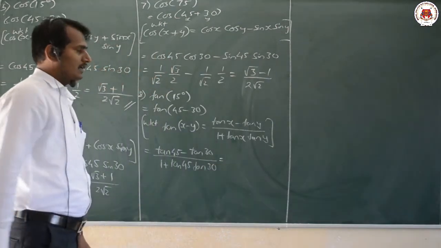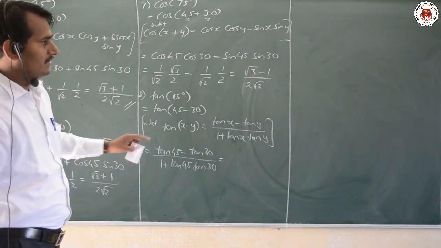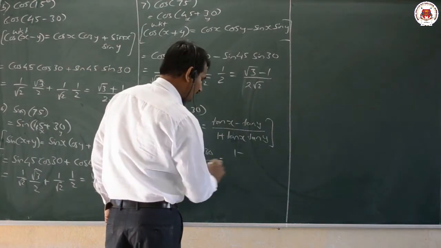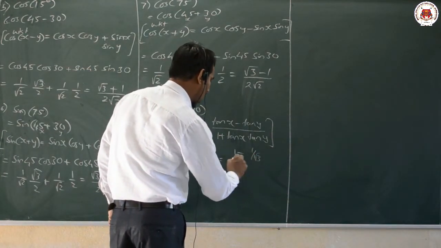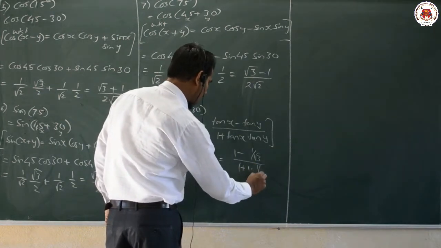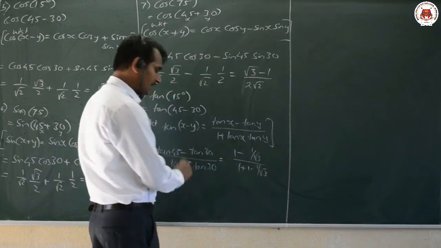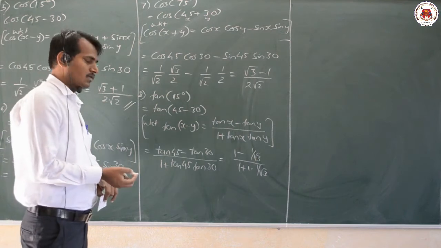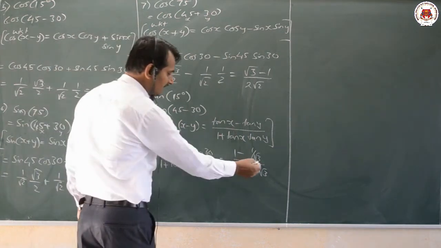Now, what values shall we substitute here? Tan 45 is 1, and tan 30 degrees will be 1 by root 3, because sin is 1 by 2 and cos is root 3 by 2. Here I will take the LCM.